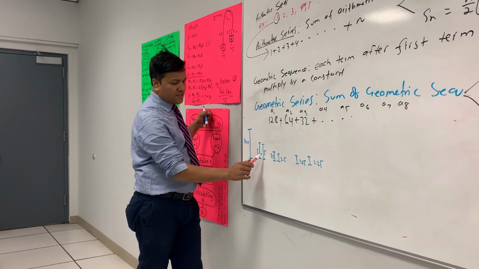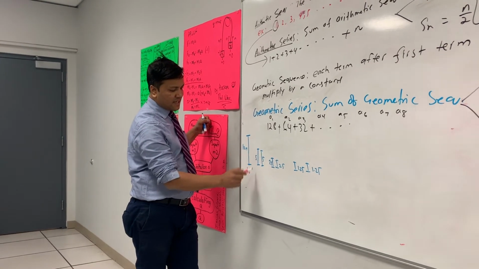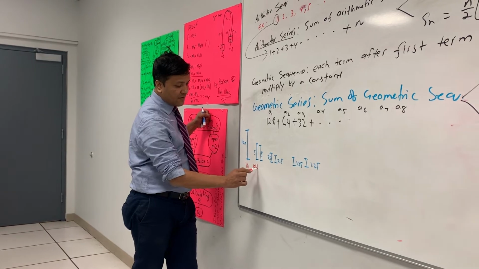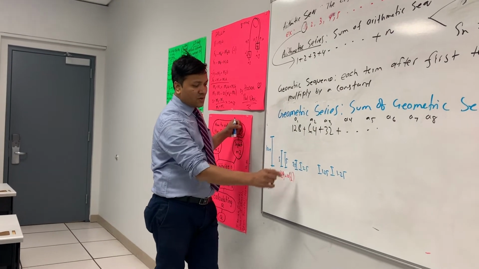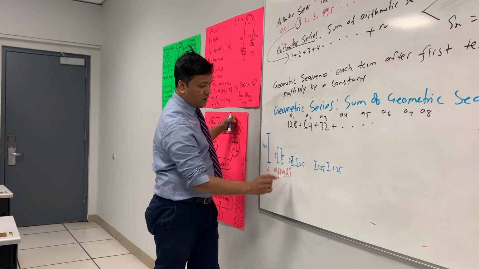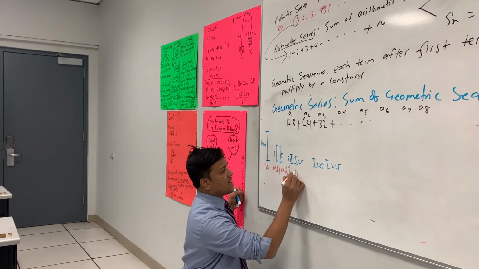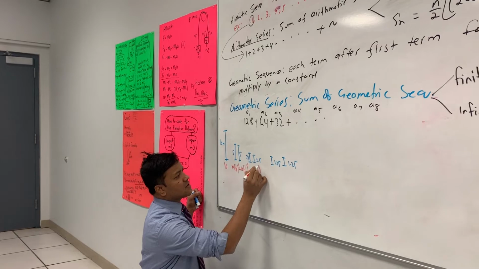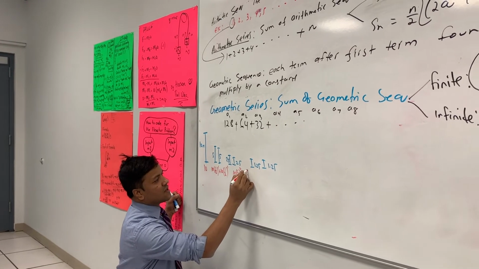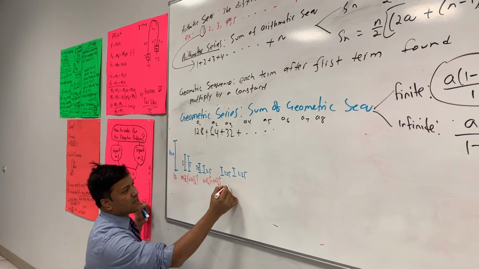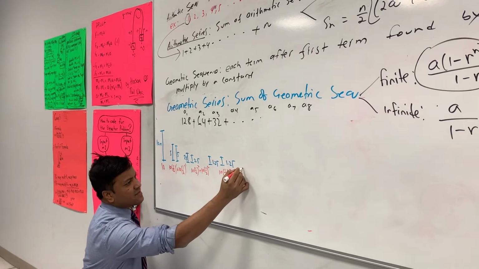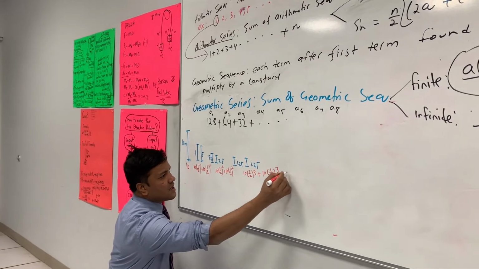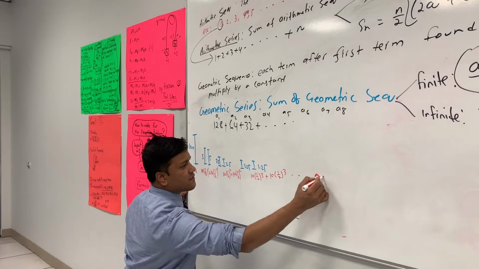This one is 5 plus 5. So let's write 10 first. 10 times half plus 10 times half. This one is 10 times half squared plus 10 times half squared. This one is 10 times half cubed plus 10 times half cubed, and so on until infinity.